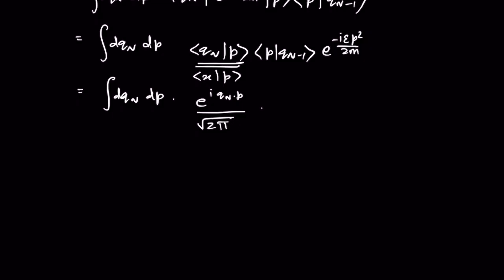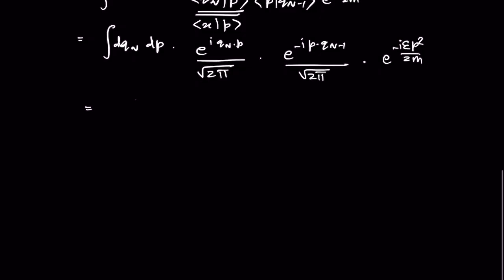When it is reversed, it's going to be e^(-i p q_(n-1)) divided by root 2 pi. There will be an h bar, but we assume it to be 1. We have the regular e^(-iεp²/2m). Okay, so we finally have this result.